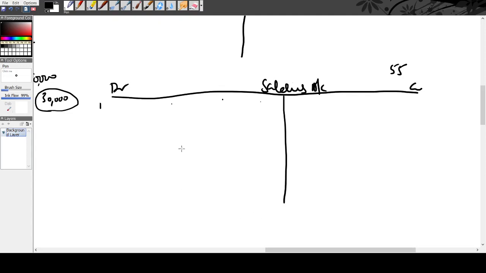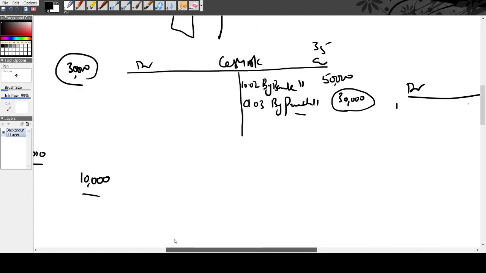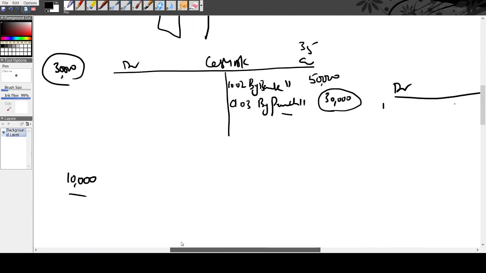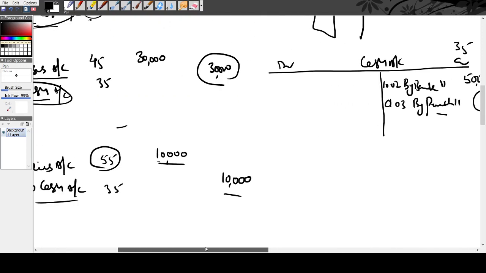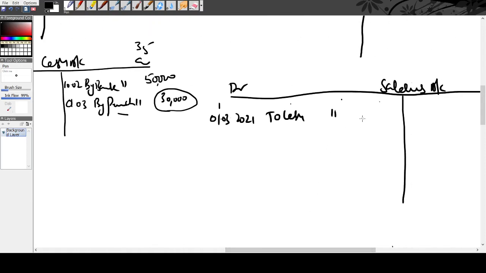Now how do I post it? What is the date of the transaction? The date of the transaction is 1st March. So I'll write here 1st March 2021 to cash, page number 11 of the JF, the journal folio. This entry is recorded in page number 11 of the journal and the amount is 10,000.